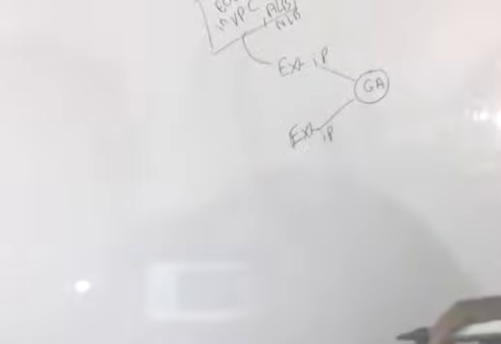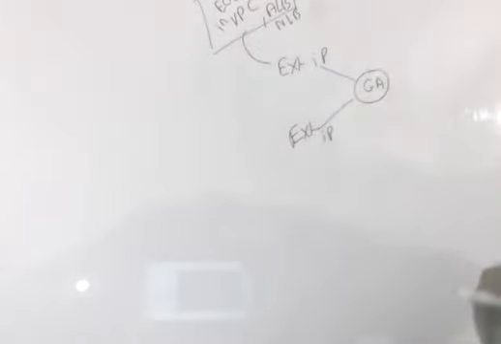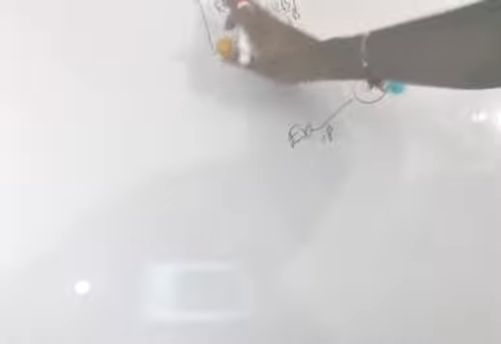So this Global Accelerator can be used with an application load balancer and a network load balancer. This is the external IP, and it can be attached to EC2, ALB or NLB.